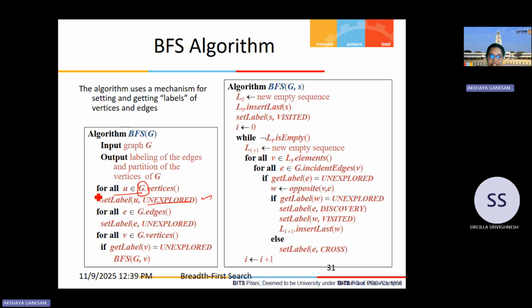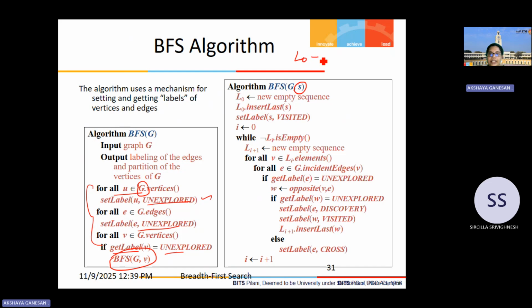Okay, this is the initialization step. And you set all edges as also unexplored. Okay. And if there is a vertex unexplored, you call BFS(G, V). So we start with the source vertex.